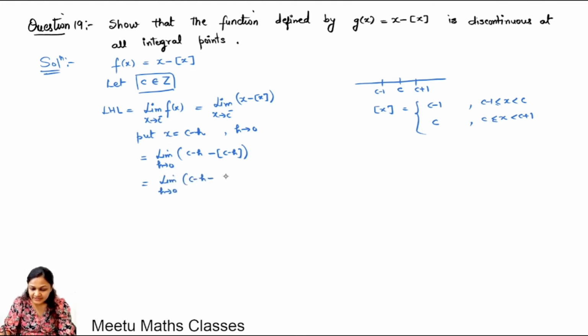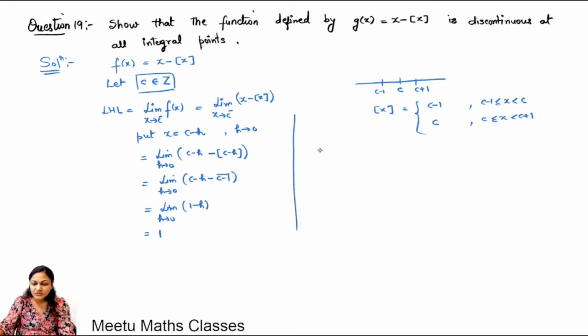So c minus h minus (c minus 1), and this will become limit h tends to 0, c will cancel out, and 1 minus h, and by direct substitution we will get 1.